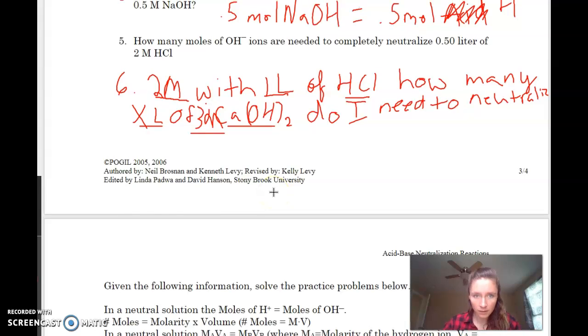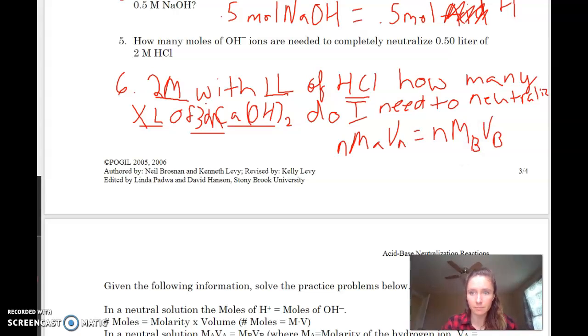So I'm going to start off by writing the equation. N Ma Va equals N Mb Vb. My first step is to figure out N for the acid. If I look at my HCl, each hydrochloric acid molecule has 1 H. So your N for HCl is 1.